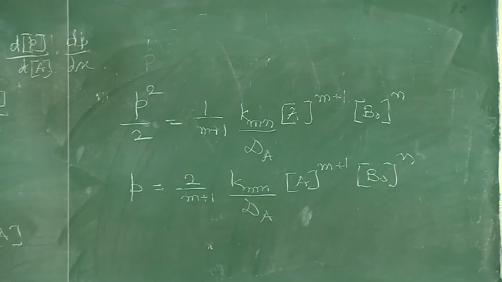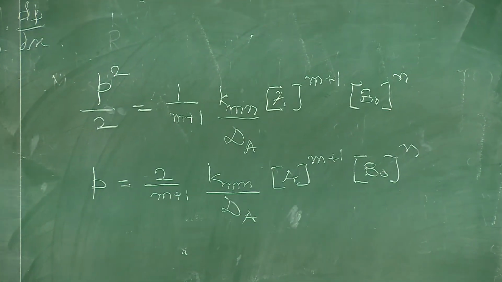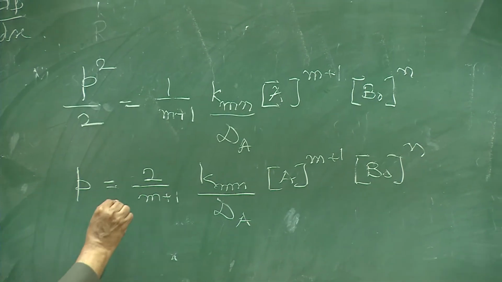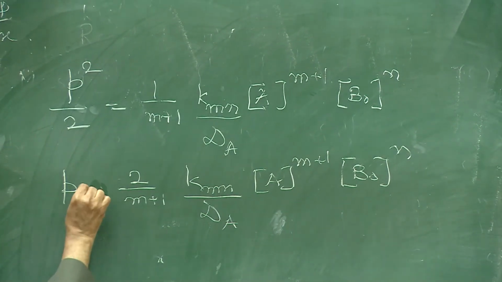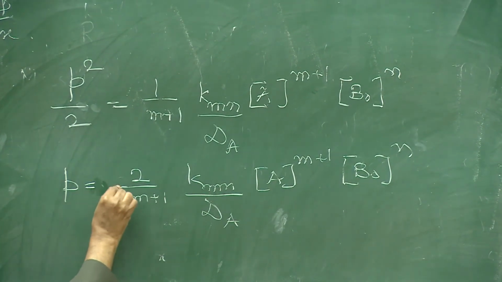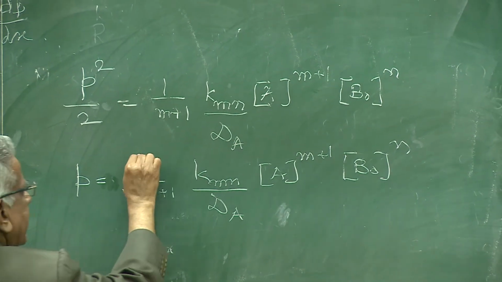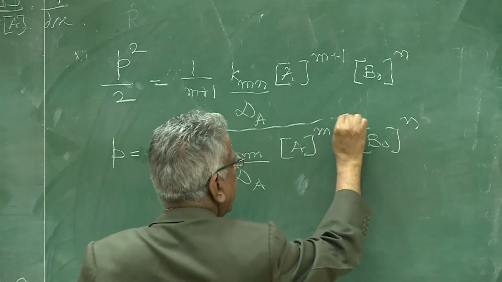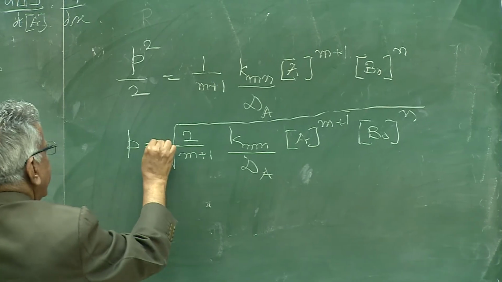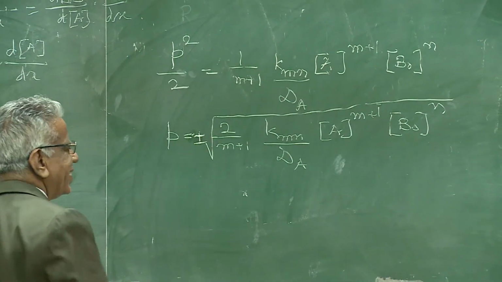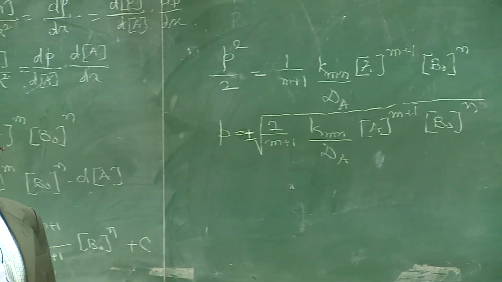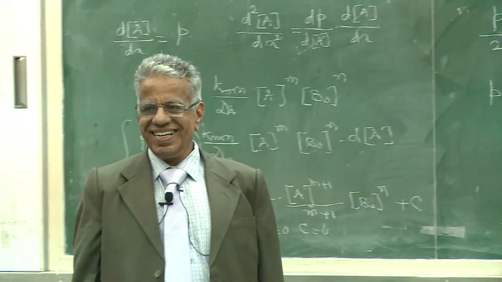What is the other boundary condition we wrote? This is of course the square root of this, and then the answer is plus minus square root.